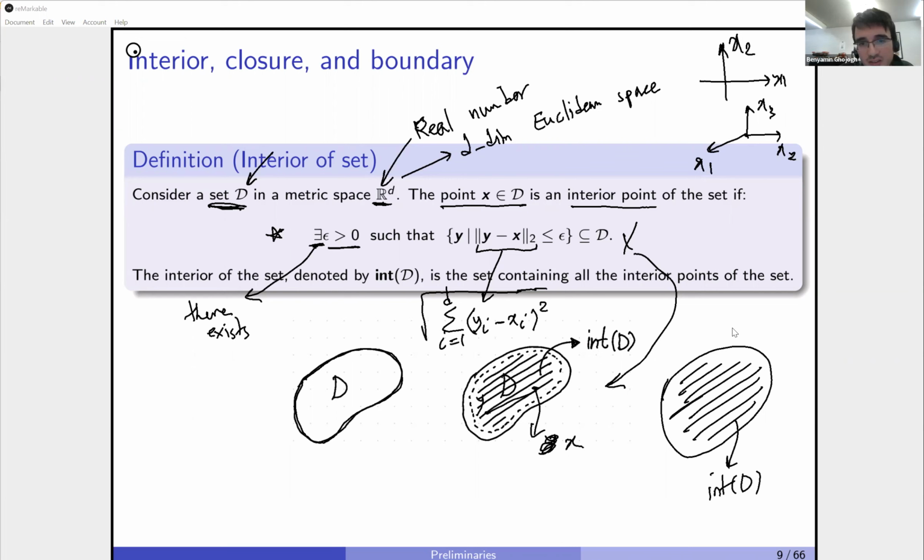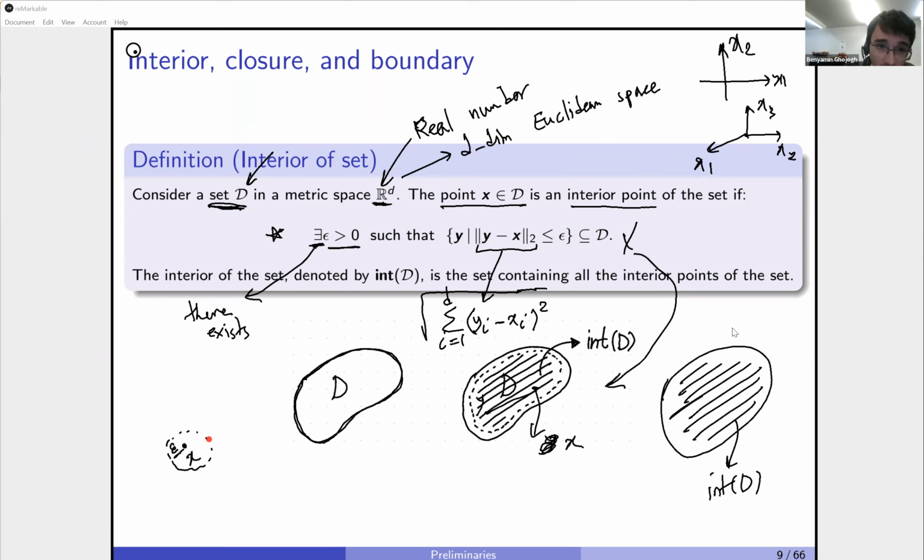So this is the Euclidean distance, right? It means that the Euclidean distance of y and x is less than or equal to epsilon. This is x, and this is a neighborhood around it with radius epsilon.